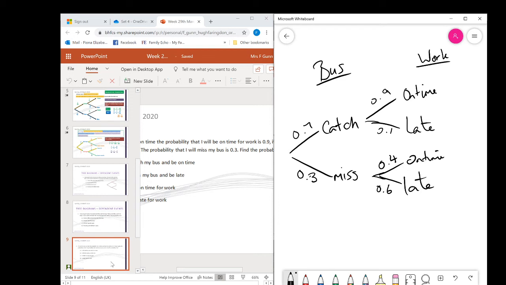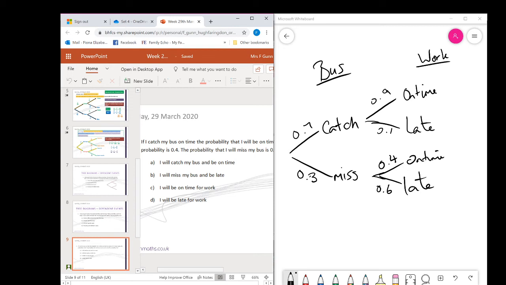Okay, so there are several questions on this, so I'm going to work out all my probabilities. 0.7 times 0.9, 7 nines are 63, so 0.63. And 0.7 times 0.1, 0.07.